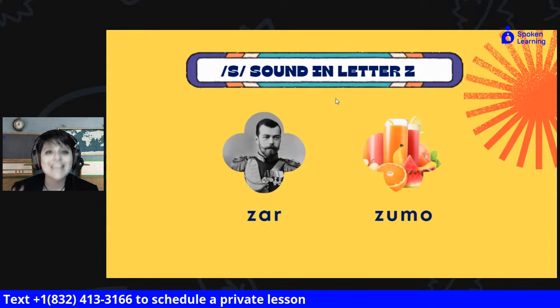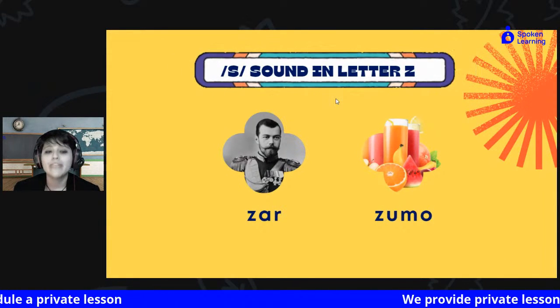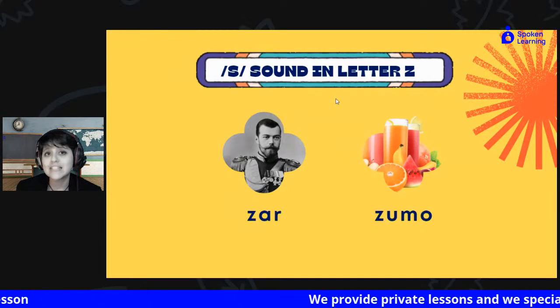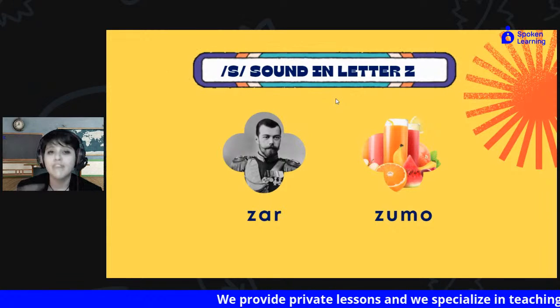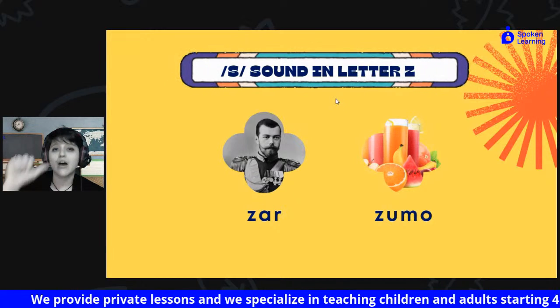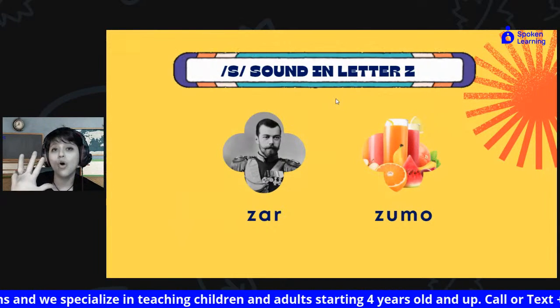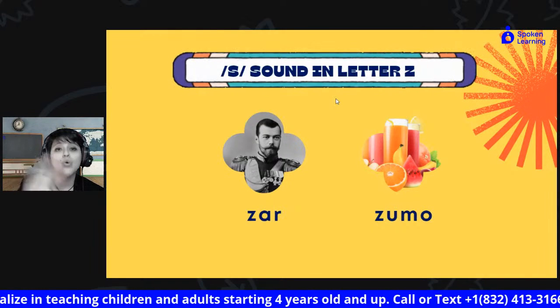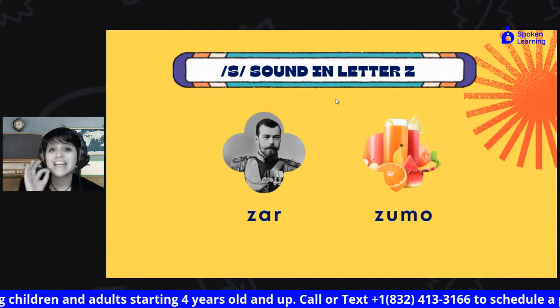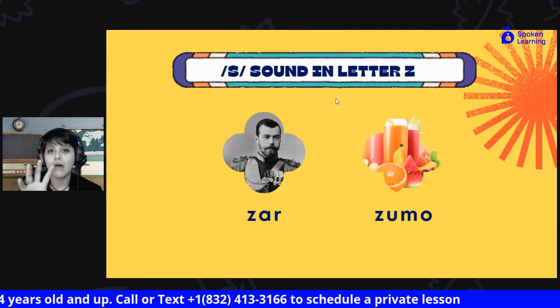Para la letra Z, es muy importante saber that it also sounds like S with all the vowels, all right? Remember, all vowel sounds are A, E, I, O, U. So Z sounds like S with all the vowels.